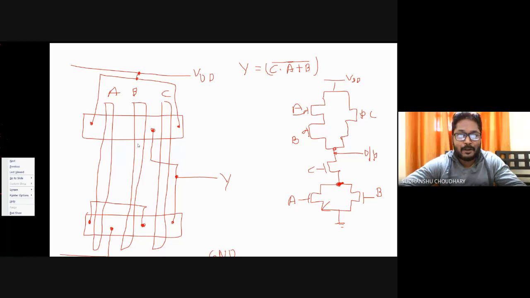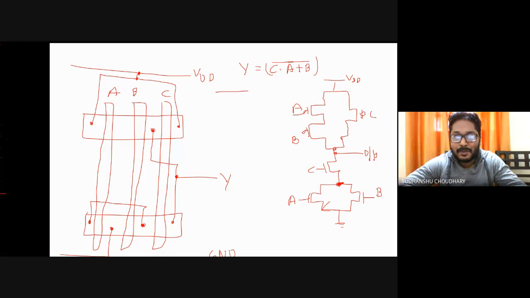Now, another way of drawing, someone would say that some other style or some other layout can also exist for this. So let us try to draw another layout where I'll bring C in between A and B. That is, I'll try to place MOSFET number C, for both PMOS and NMOS, in the center. So let us try to draw it here.